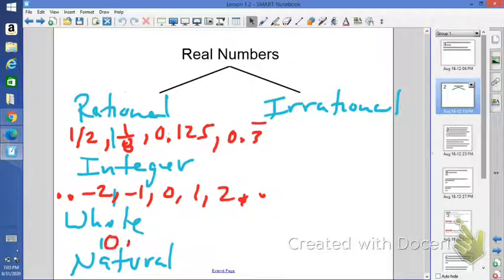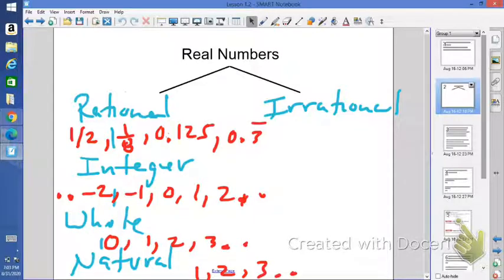It just includes 0 and the positive counting numbers. And then natural numbers do not include 0. They just include the positive counting numbers, 1, 2, 3, 4, and so on.